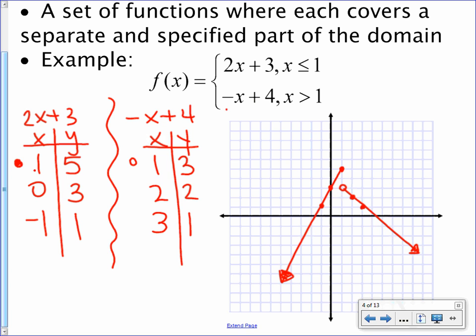Now, it is possible for these 2 coordinates to overlap. If I would have gotten the same coordinate here as I did here, that's okay, because then the open circle and the closed circle would just form 1 coordinate. So if that happens on your homework, that is okay. It is possible, like if it looks something like this, where the open circle and the closed circle overlap.